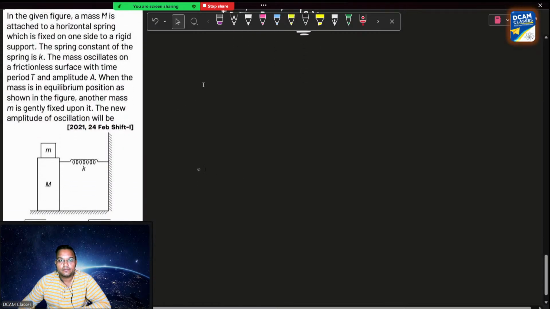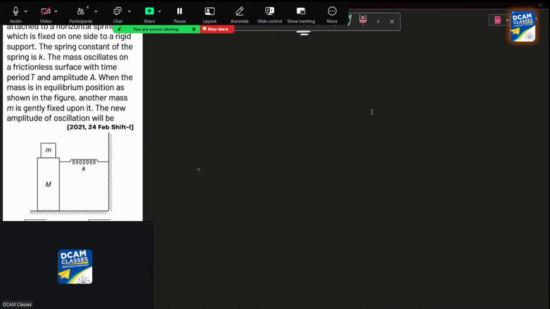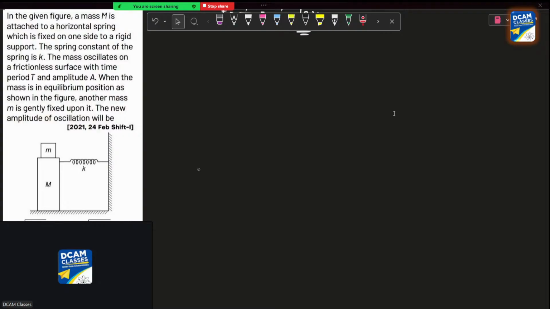Let's try to read this one. What is the relation between amplitude and time period?